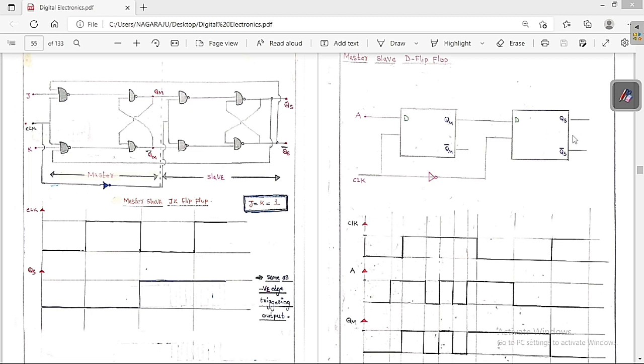So now we are going to do the QS. How is QS going to be obtained? I already told you, this slave flip flop is going to be active whenever the clock is equal to 0. So whenever the clock is equal to 0, whatever the input across this B, same thing we are going to get across the QS. If clock is equal to 1, this is in the off state, so it is in the memory state.